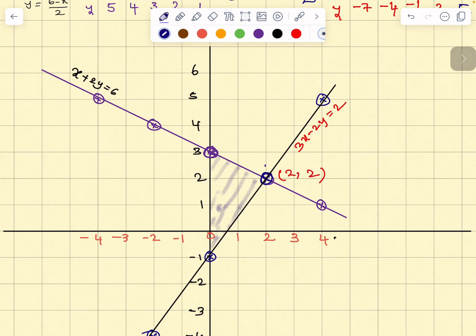So this is 2 comma 2. Let us say this is point A, and this is point B, which is 0 comma minus 1, and this is point C, where the x value is 0 and the y value is 3.